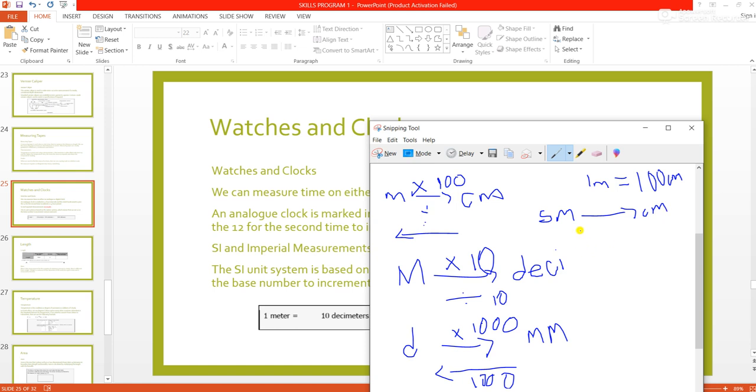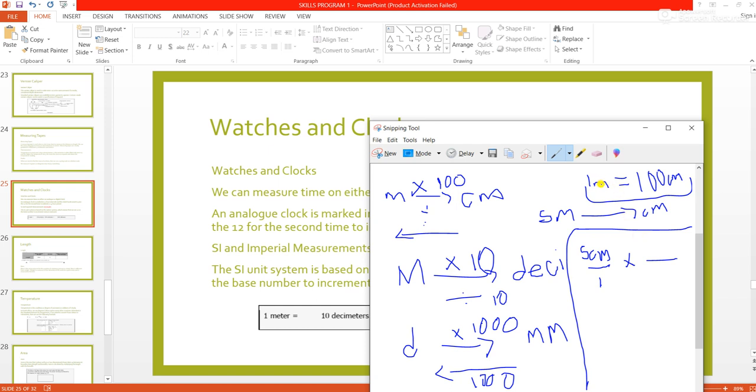So the standard formula for that, you'll have to divide 5 centimeter by 1, and times that by what we were given here.